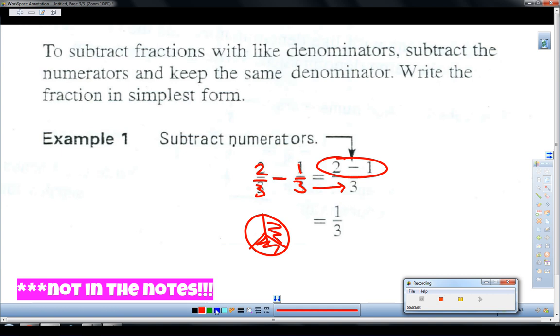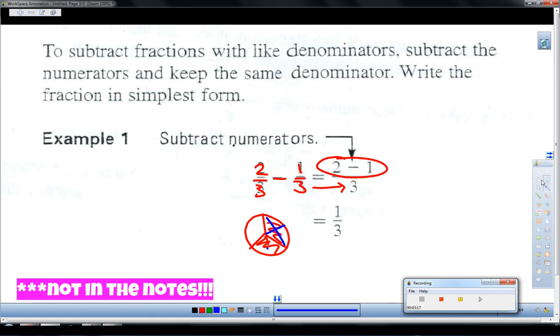I'm still going to end up with something that is cut into thirds. It just so happens when I take one of these 2/3 away, what I'm left with is just 1 out of the 3 sections still left over. So 2/3 minus 1/3 is 1/3.